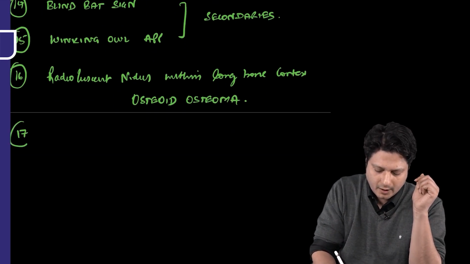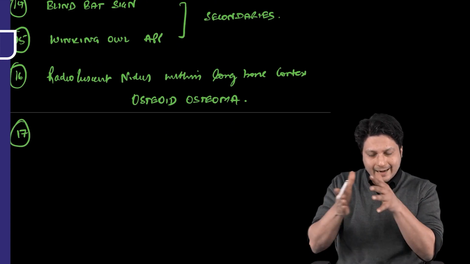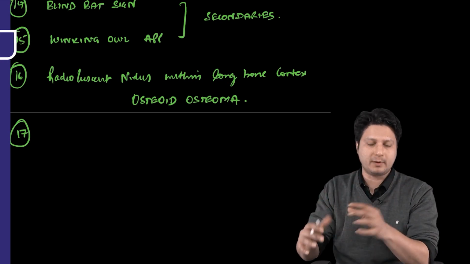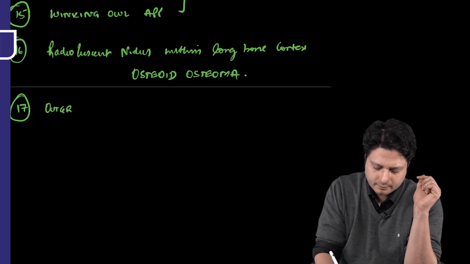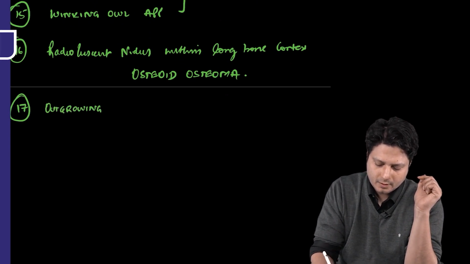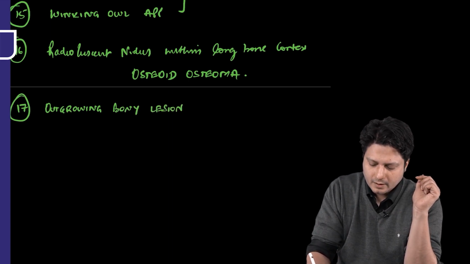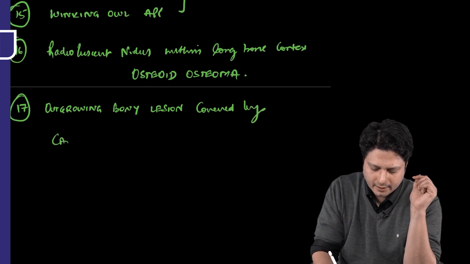Apart from this, although this is something which you will never get in the form of an X-ray appearance, for the purpose of identifying the tumor, you write that if there is an outgrowing bony lesion which is covered by the cartilaginous cap.